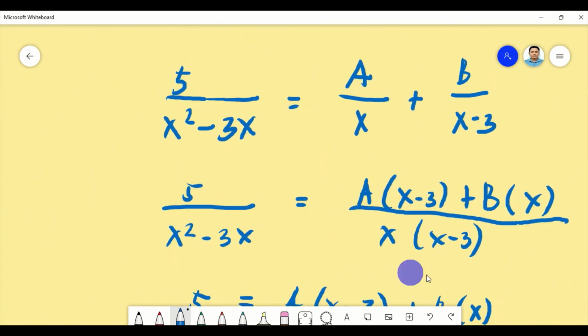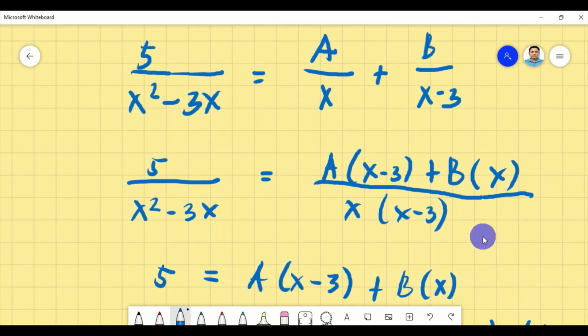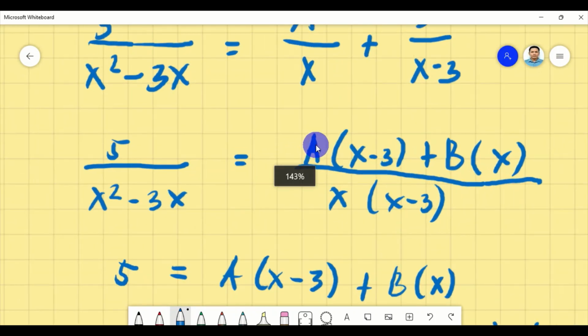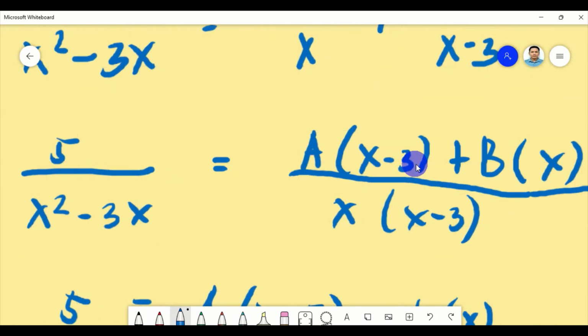We add the dissimilar rational expressions. So you have here 5 over x squared minus 3x, and this is definitely equal to, the least common denominator is x times x minus 3. You divide x times x minus 3 by x. The answer is x minus 3. Then you multiply that by a. So we have here a times x minus 3.